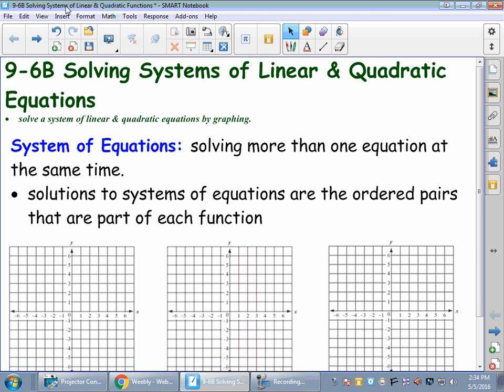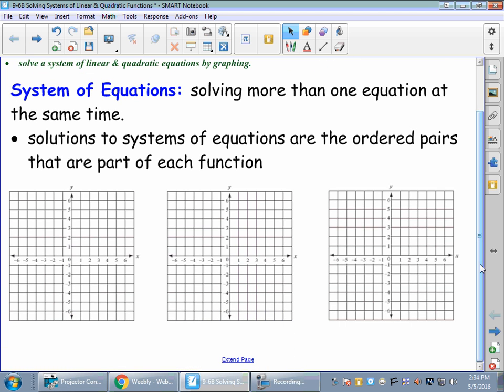So we're going to talk about 3 different scenarios that can happen when you graph a quadratic function and a linear function. One of the solutions you can get is if you have a parabola and then the line cuts through both branches of the parabola, then you would have 2 solutions.